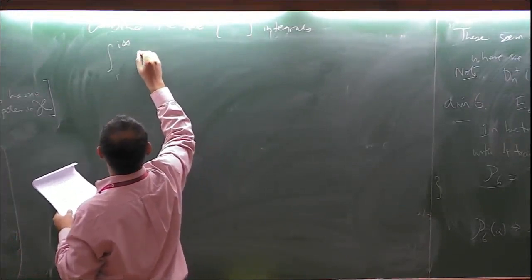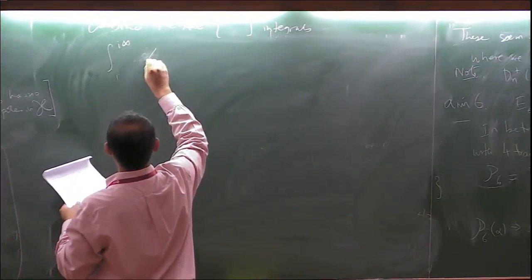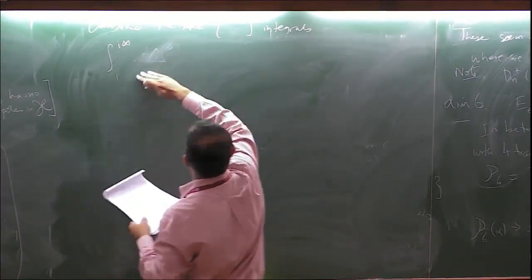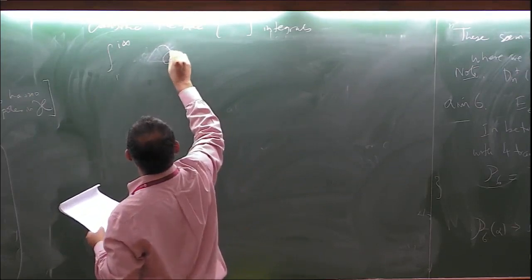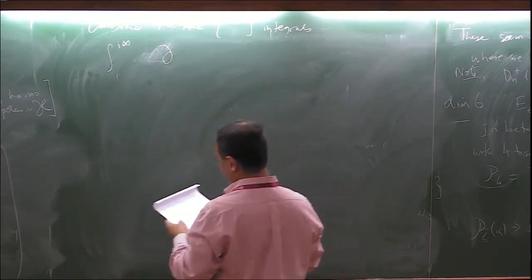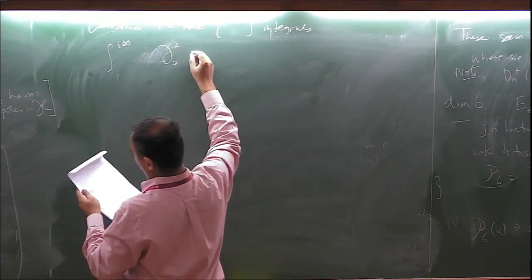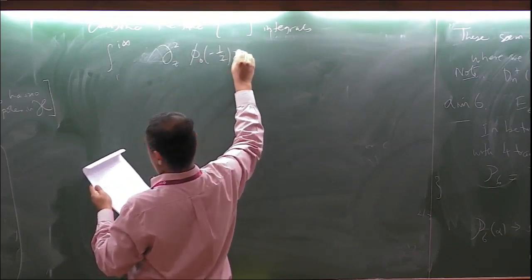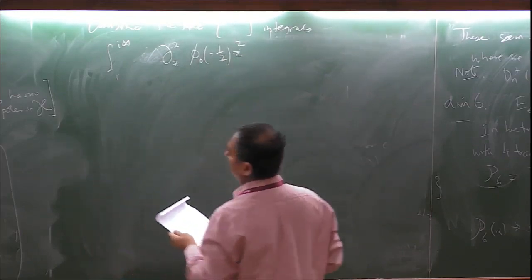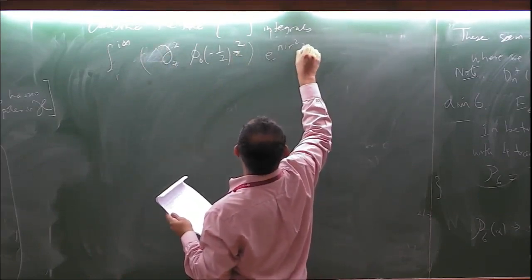Let me write it as follows. Let me call it this delta. I'll say what this is in a second. So delta z squared of phi 0 of minus 1 over z, z squared, times e to the pi i r squared z.